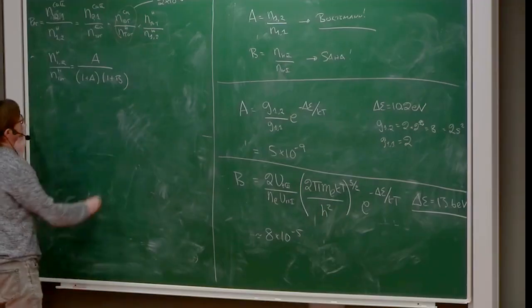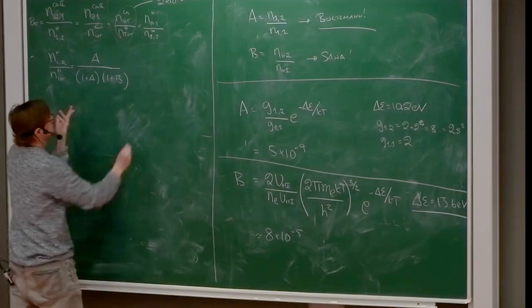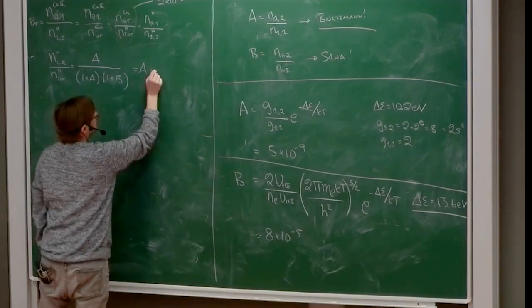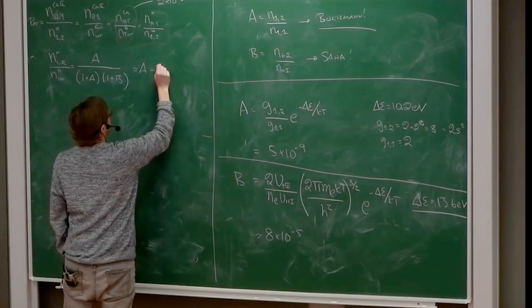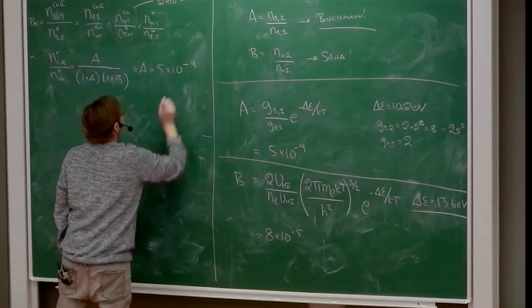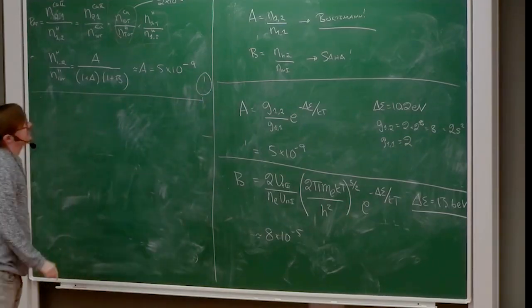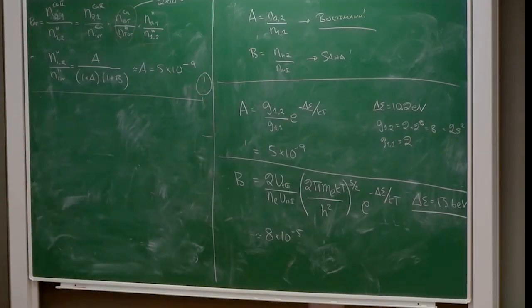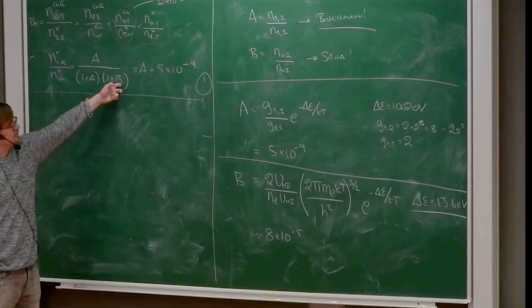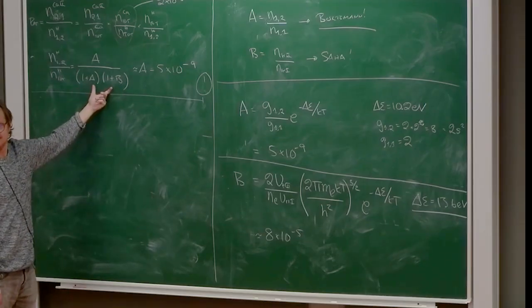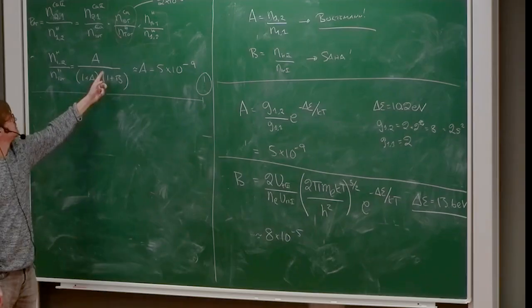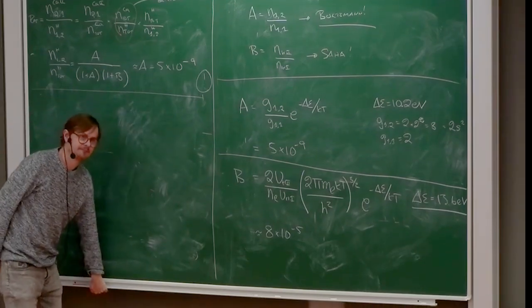So that in our exercise, this is just A, which is just 5 times 10 to the minus 9. So indeed, the number density that is in the excited first level is extremely small. You can, of course, plug in the exact numbers here, but since one is 10 to the minus 9, one is 10 to the minus 5, they hardly add to the denominator here. So this is just 1 times 1. And then you just have the A in the beginning.